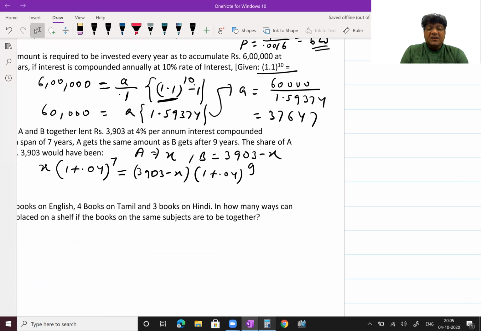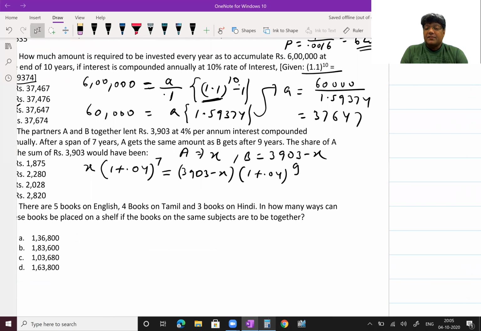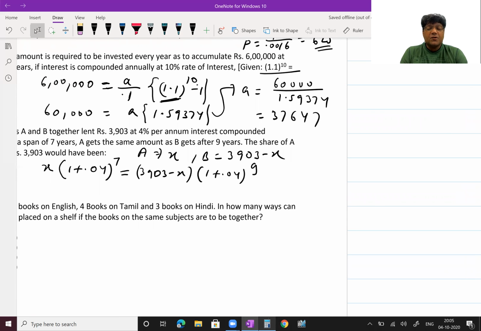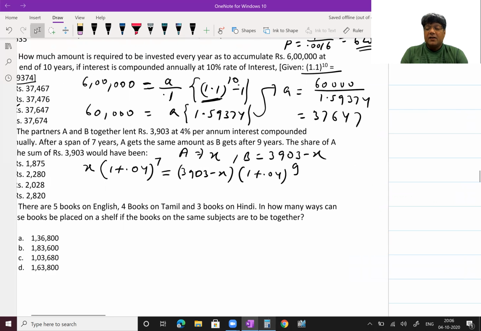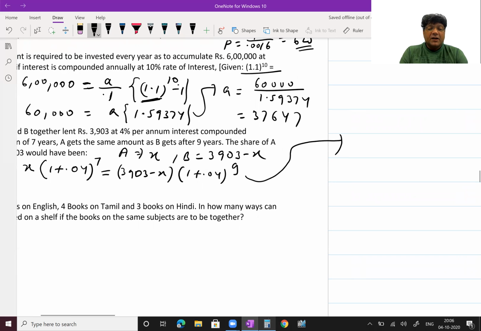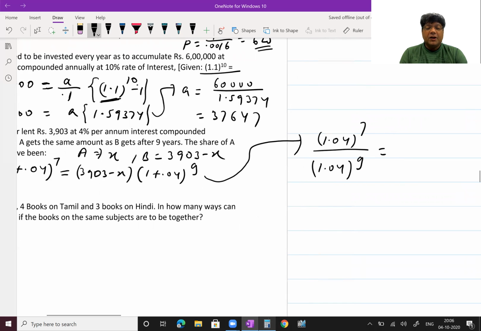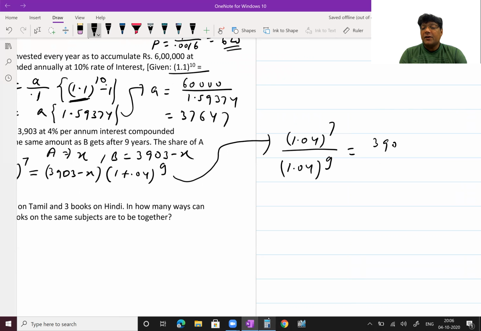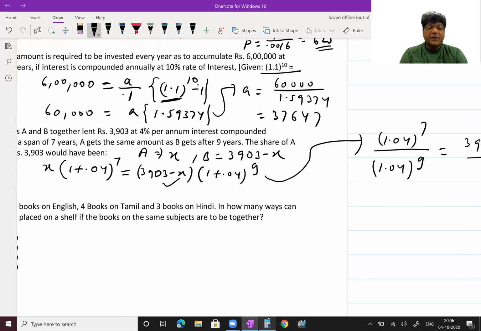Now, guys, if you want to solve it technically, then look what you can do here. This 1.04 to the power 7, from that side, you bring 1.04 to the power 9 down, is equal to 3903 minus x, divided by x.